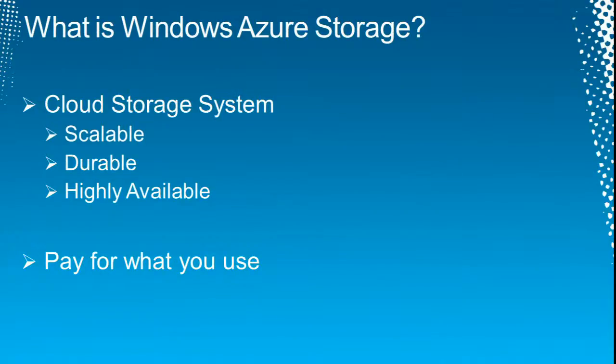By that, what we mean is we store your multiple replicas in places such that a hardware failure or even certain network failures will not get your system down. We can still provide high availability. So that's scalable, durable, and highly available, and that's how we provide that through Windows Azure Storage.